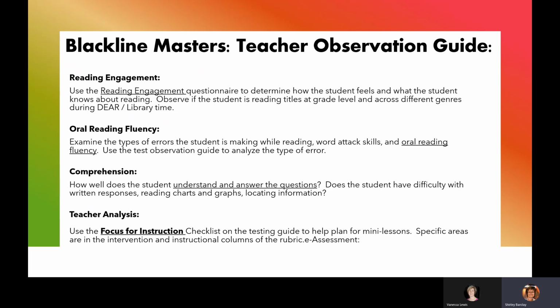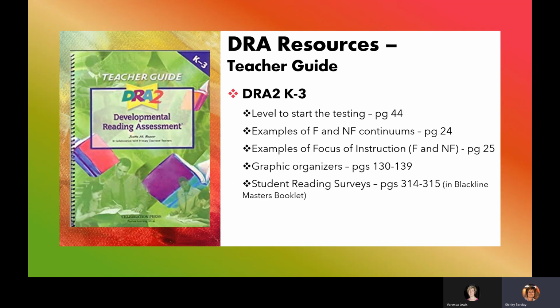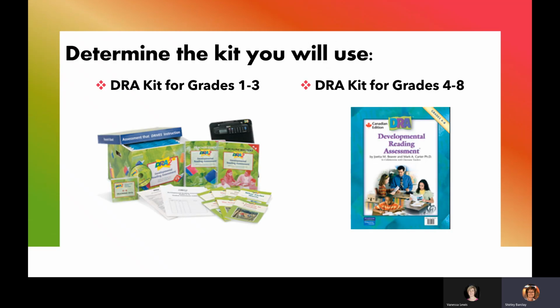The student reading surveys include reading engagement, and there's 3 versions depending on the grades and the levels. And there's all kinds of really important things that are in that guide. So make sure that when you're looking through the kit, you're having a good look at all the resources that are there.